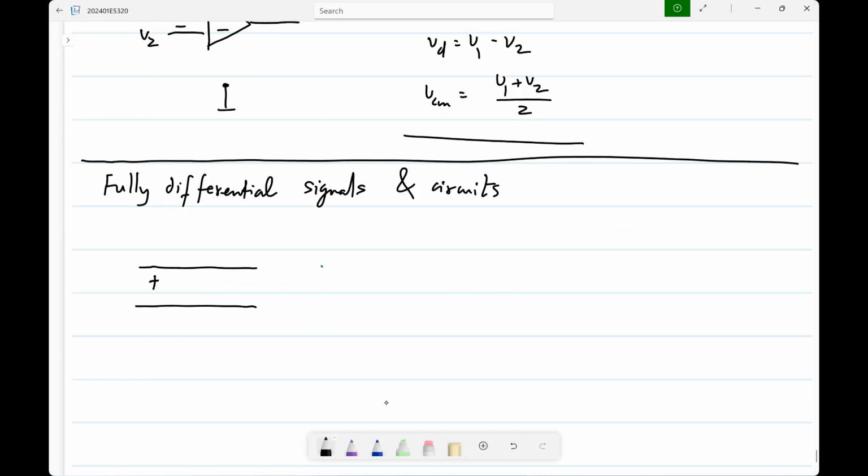Any signal Vx, you use two wires to represent it. The desired signal Vx will be Vxp minus Vxm. And if you had currents, that would be the same. You will have equal and opposite currents in the two wires.